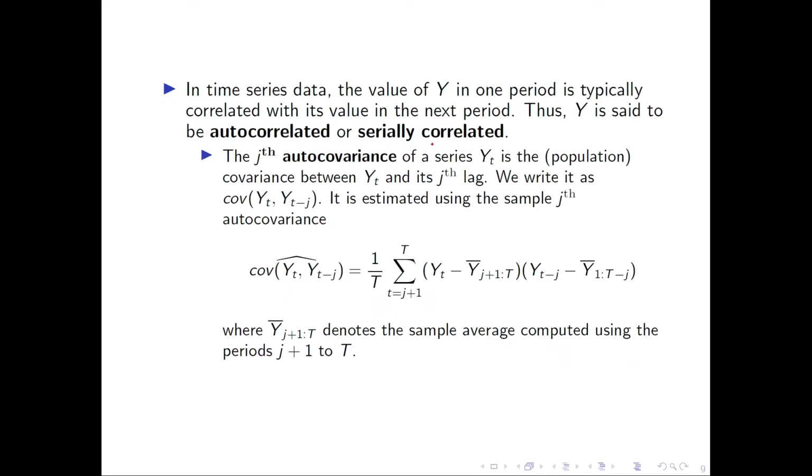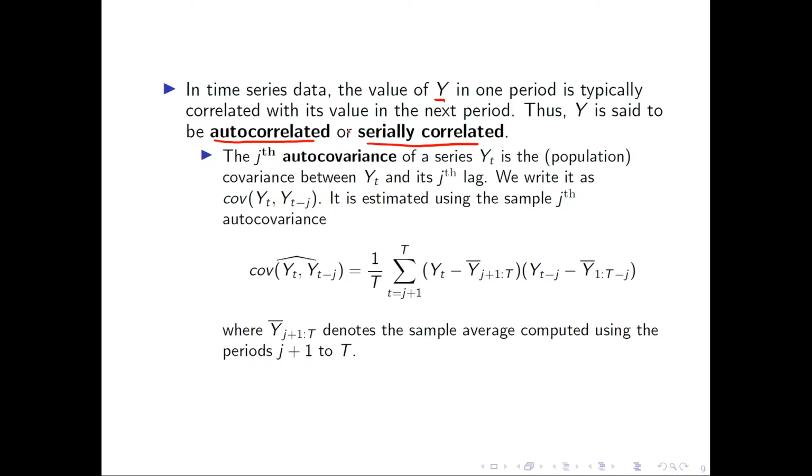What we often see in time series data is that the value of y in one period is correlated with either future values or previous values. And y is then said to be autocorrelated or serially correlated.